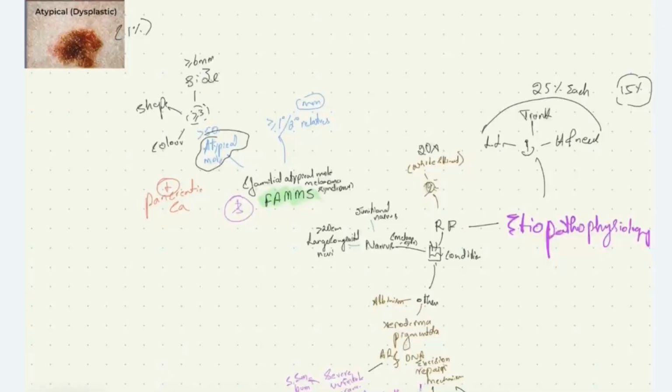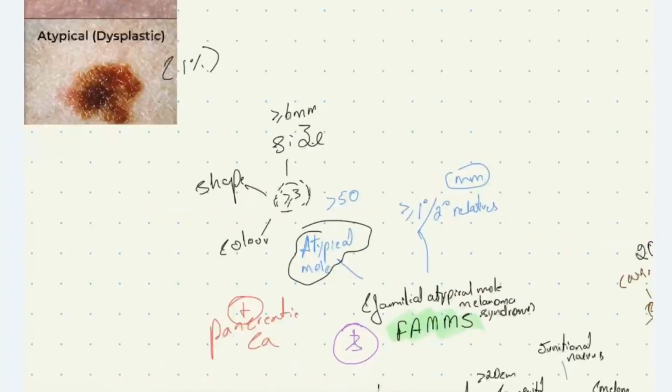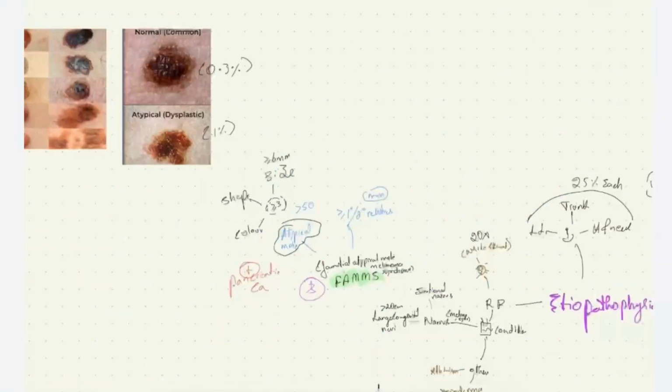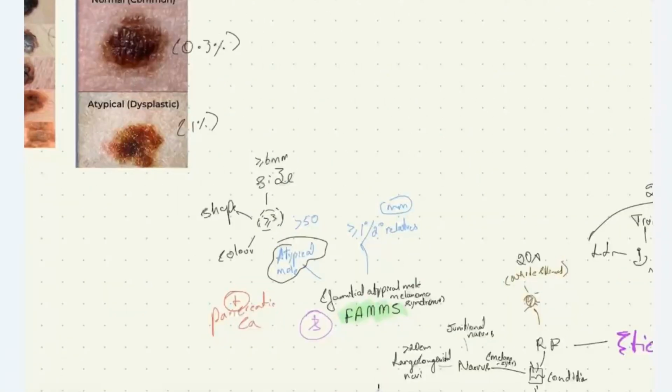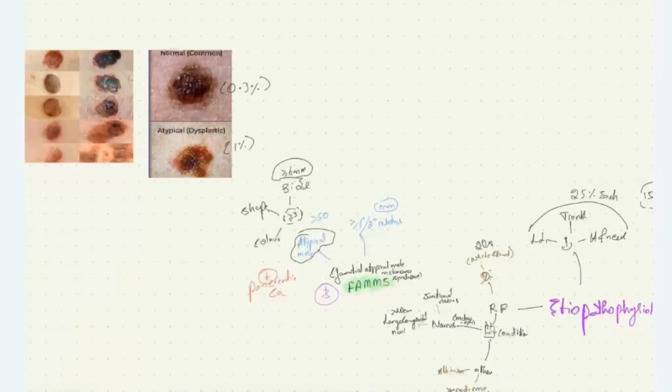The patient has more than 50 nevi in his body. Out of those 50, at least 3 nevi have size more than 6 mm, an irregular shape, and varied color, not the same color.